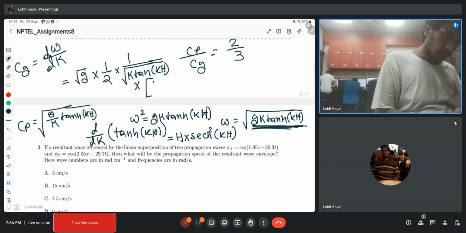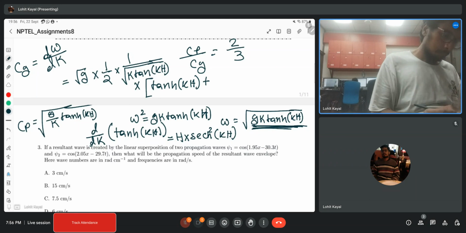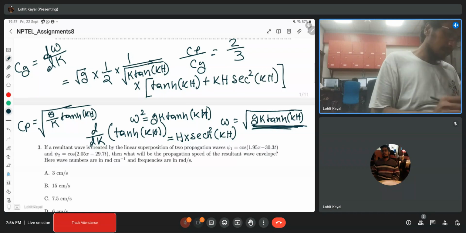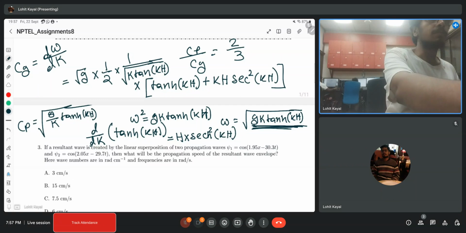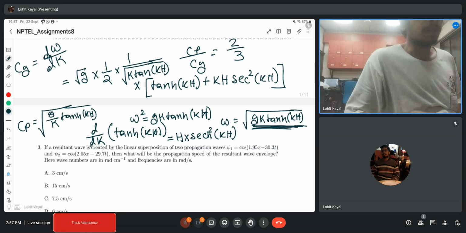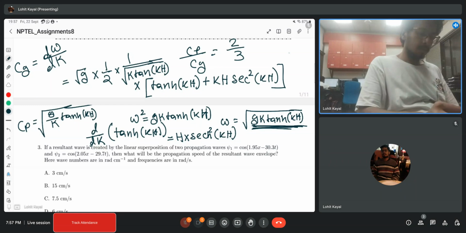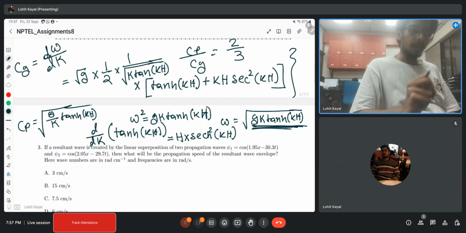Just check the expression. It is possible that I might have made some mistake. But this will be the approximate expression for finite depth.